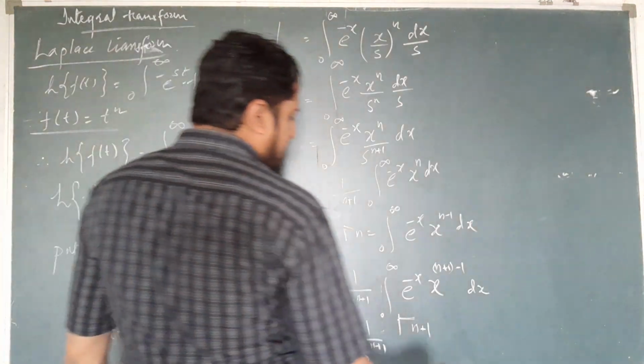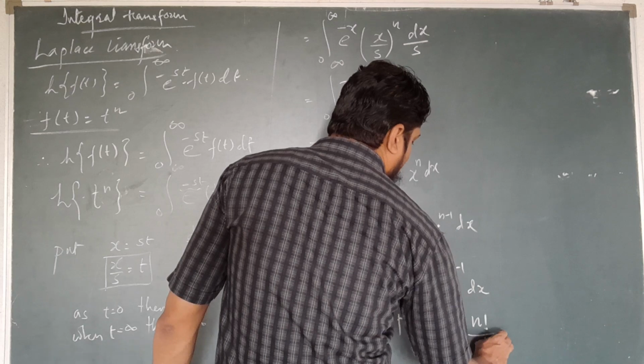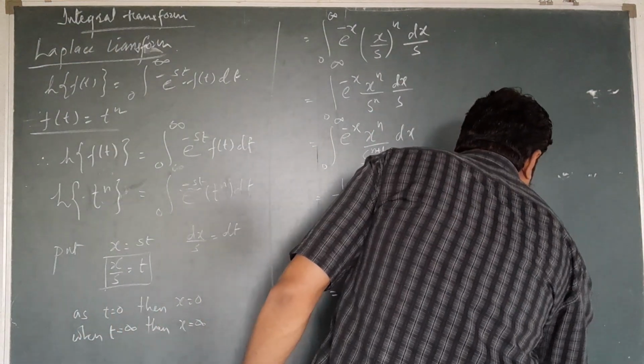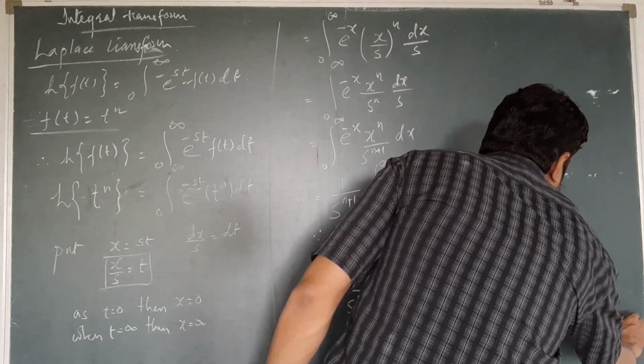And if n is an integer, then we can write it as n factorial upon s raised to n plus 1, when n is an integer.